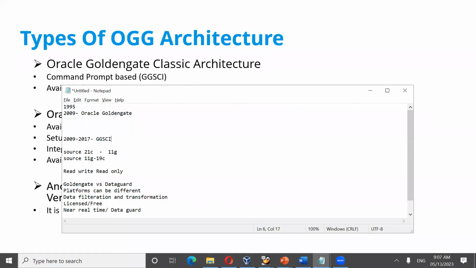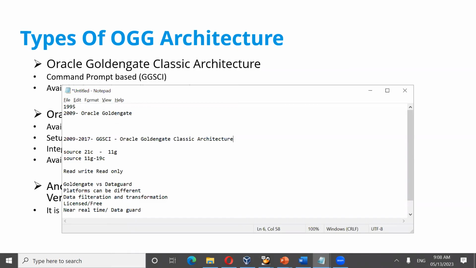You must have heard about GGSCI, many of you who have worked on it, right? It was called Oracle GoldenGate until 2017. In 2017, Oracle renamed this architecture to Oracle GoldenGate Classic Architecture.